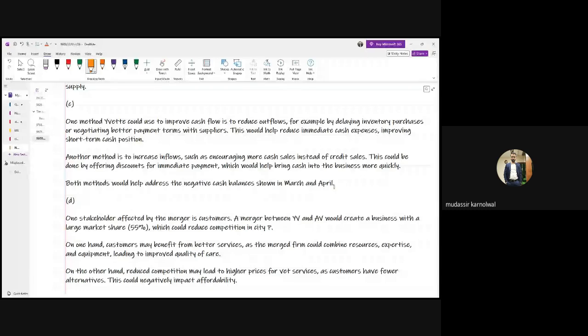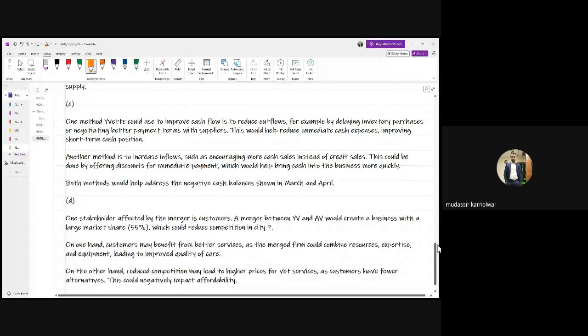D part. One stakeholder affected by the merger is customers. A merger between YB and AB would create a business with a large market share, that is 55%, which could reduce competition in the city. On one hand, customers may benefit from better services as the merged firm could combine the resources, expertise, and equipment, leading to improved quality of care.